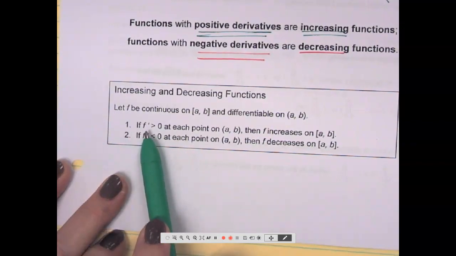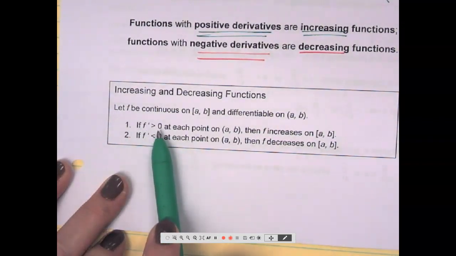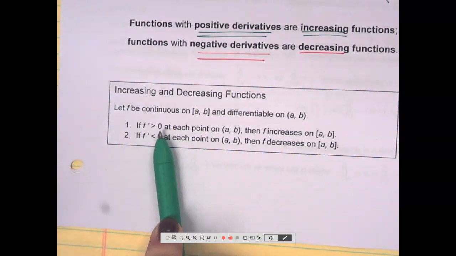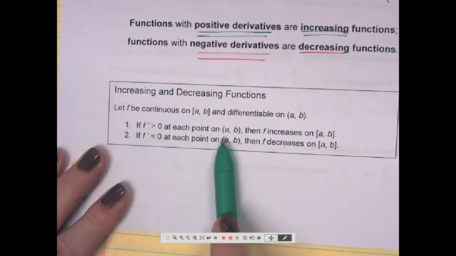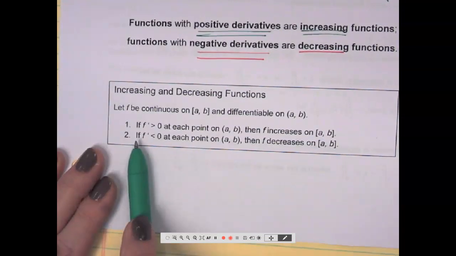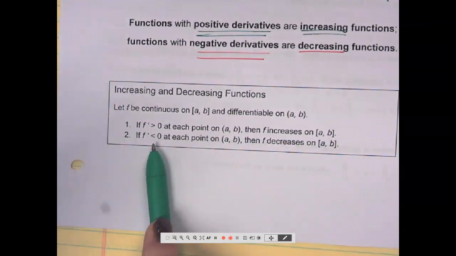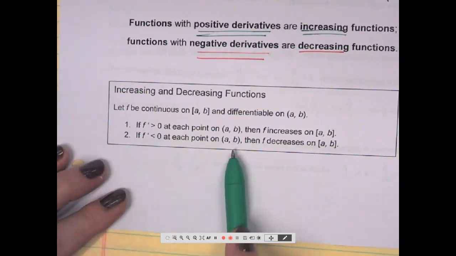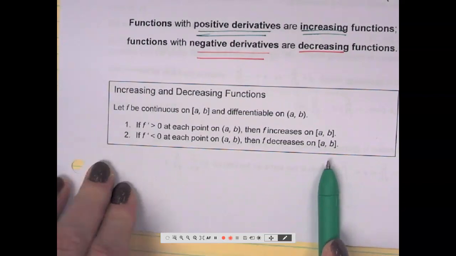If the derivative is greater than 0, what does greater than 0 mean? Positive. At each point on the interval, then f increases on that interval. If the derivative is less than 0, which means negative, at each point on the interval, then f is decreasing on the interval.